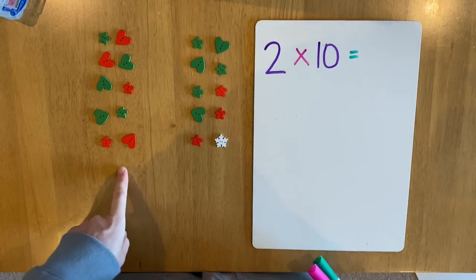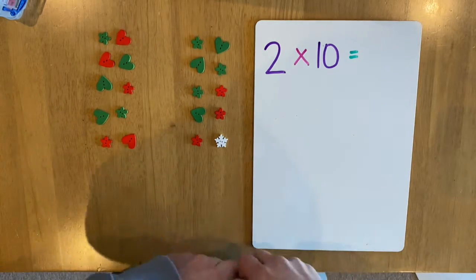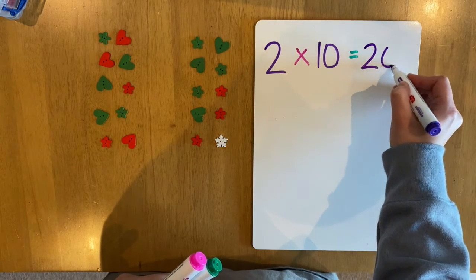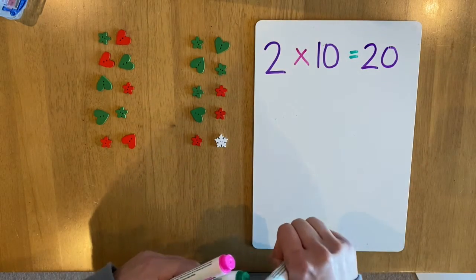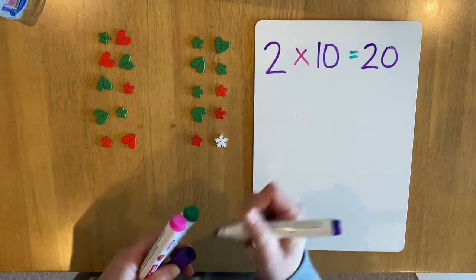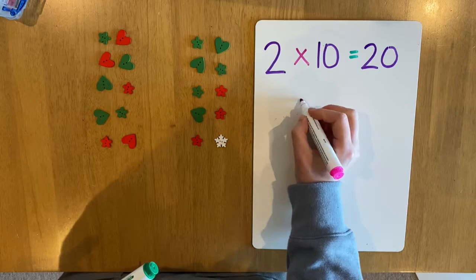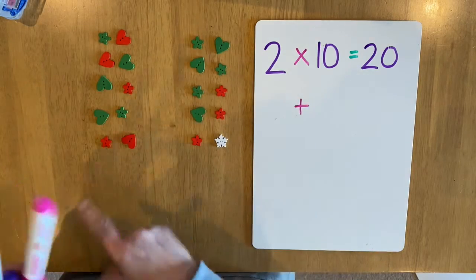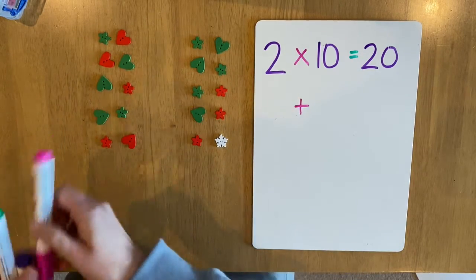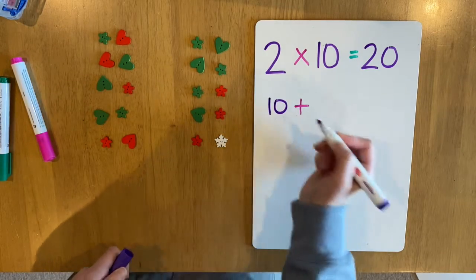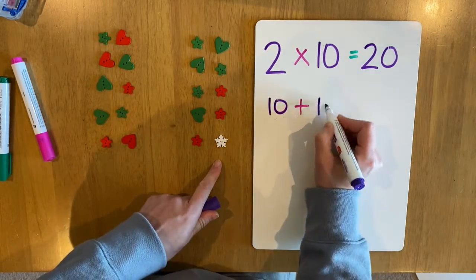So we've got 10, 20. So all together, we have 20. What do you think the repeated addition number sentence is? So how many do we have here? We've got 10 and 10.